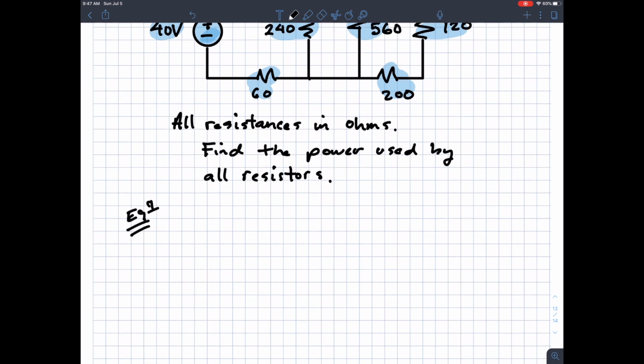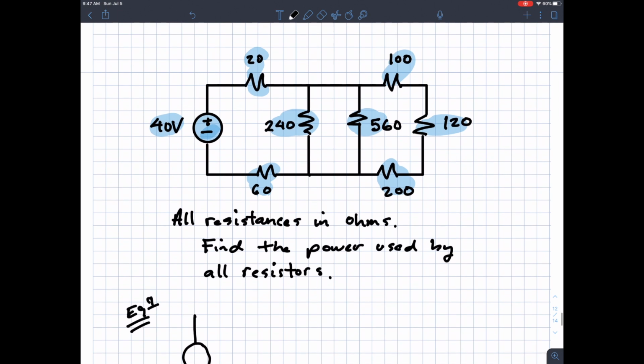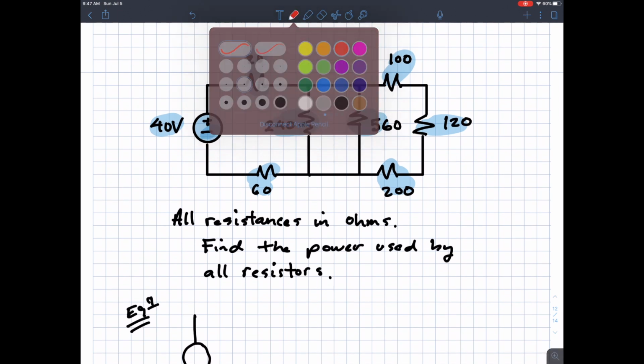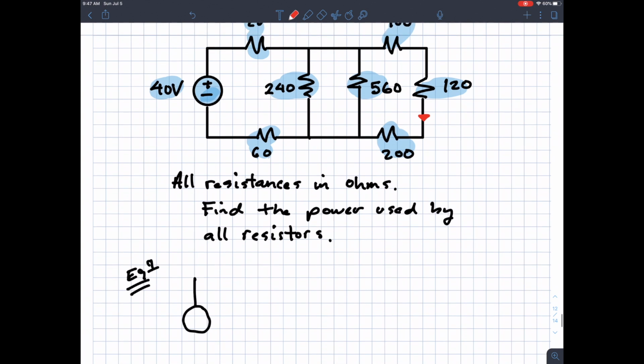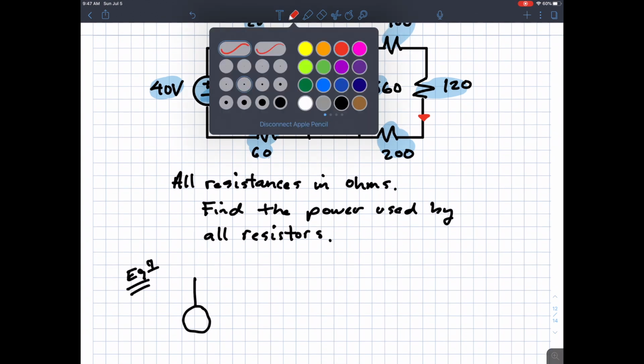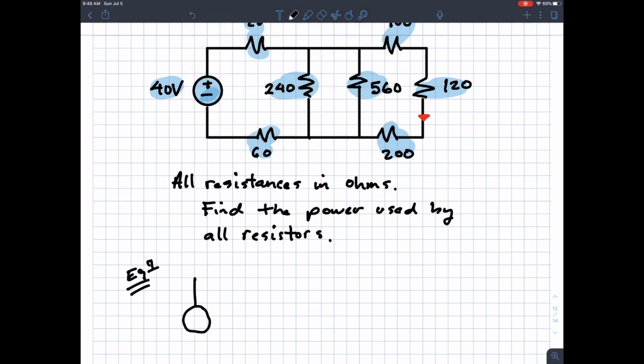I'm going to draw everything the same, except what I've noticed is that on the right-hand side of the circuit, I have 3 resistors that are all connected in series. So I'm going to combine those 3 resistors in series.